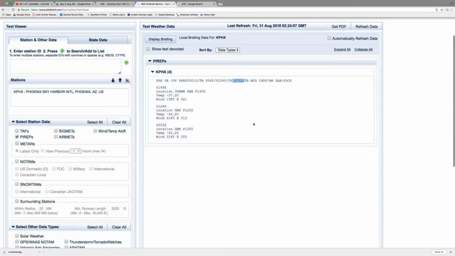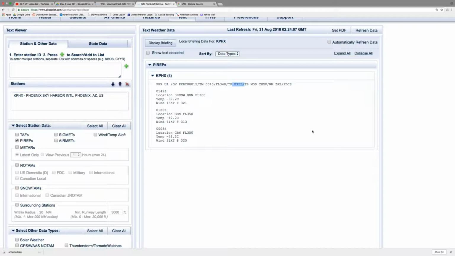So he's reporting moderate chop turbulence. That's what PIREPs look like, and we're going to talk about this probably next week, when we'll start teaching you how to decode these PIREPs. Any questions?